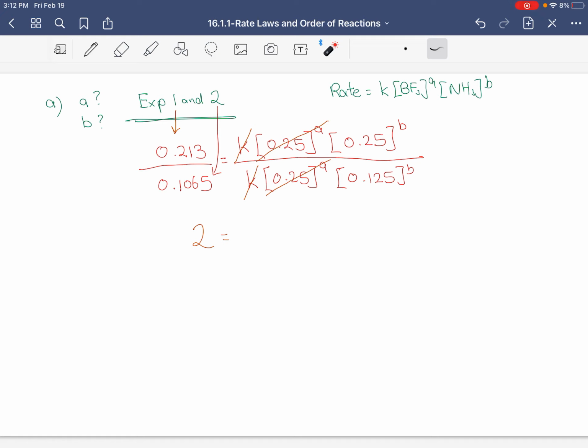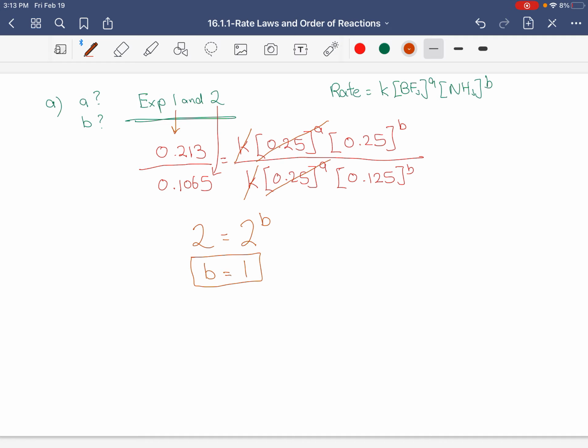So you can quickly divide 0.25 divided by 0.125, and that would be also 2 to the power of B. So 2 to the power of something is equal to 2. Well, that something has to be 1. There you go. Look at that. We found out how to find A. I'm sorry, we found B.